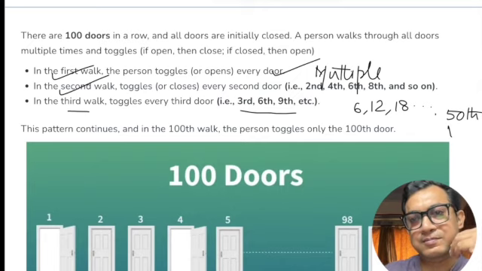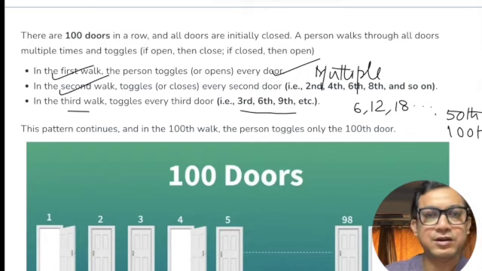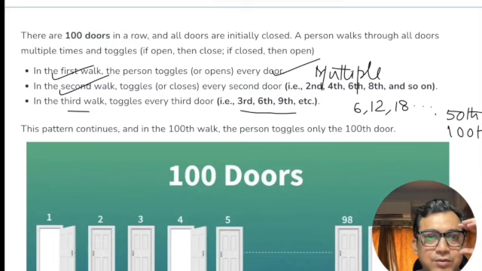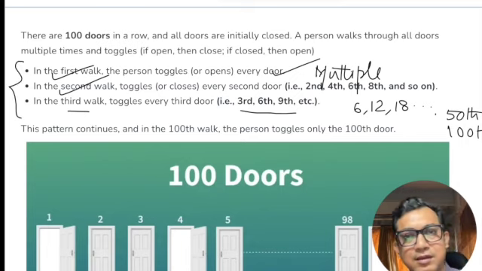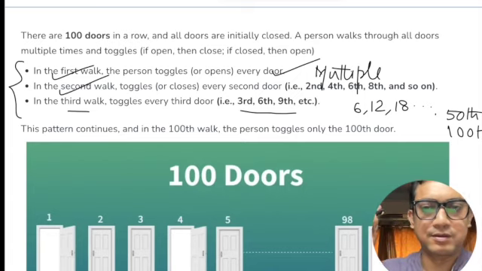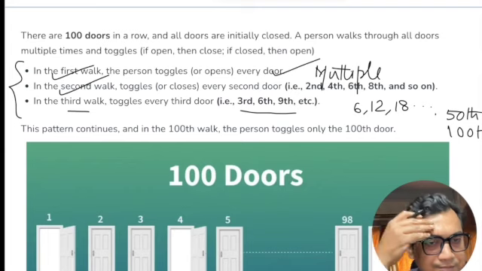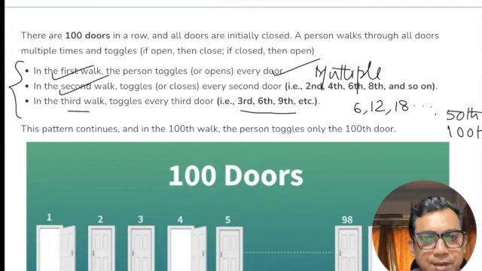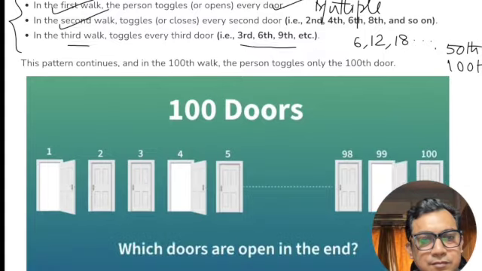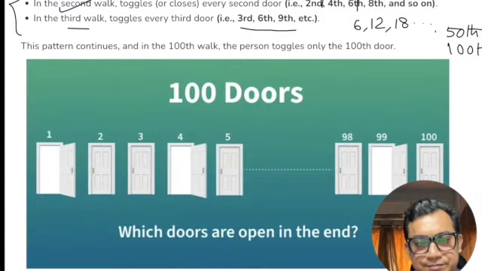And the 100th person will visit the 100th door only, 1 door. The person will visit the door which is a multiple of his number. So the question is, which doors are open?